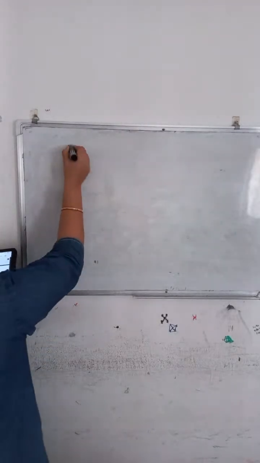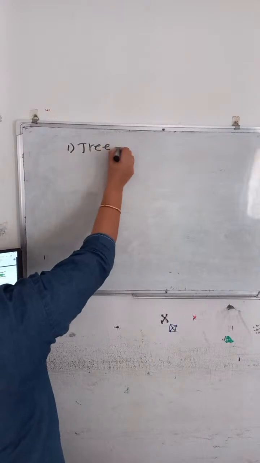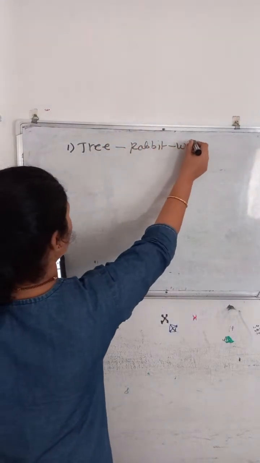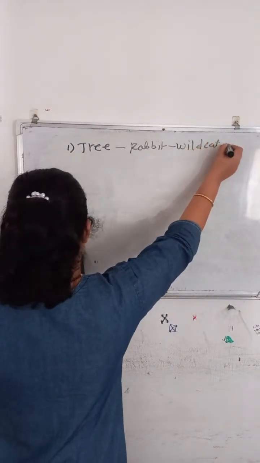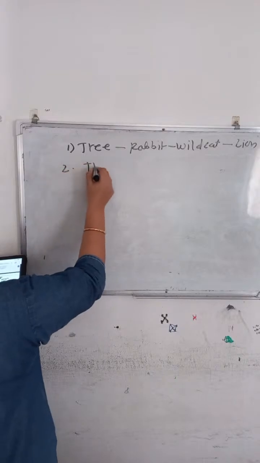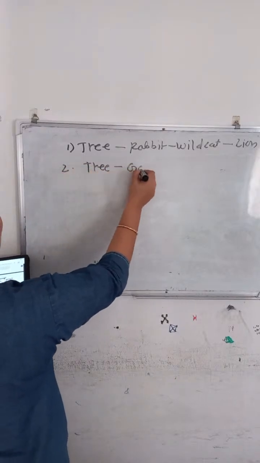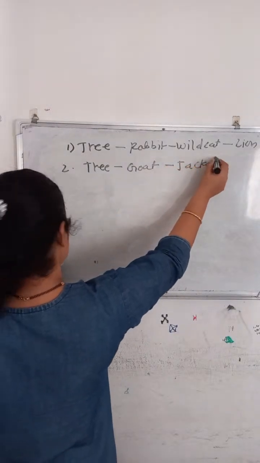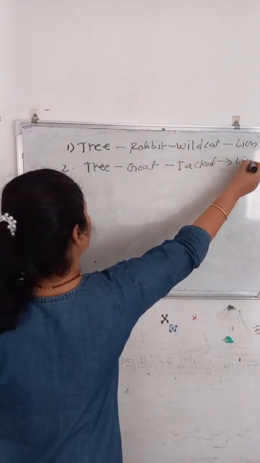First option is tree, rabbit, wildcat, then lion. Second, tree, goat, jackal and lion.